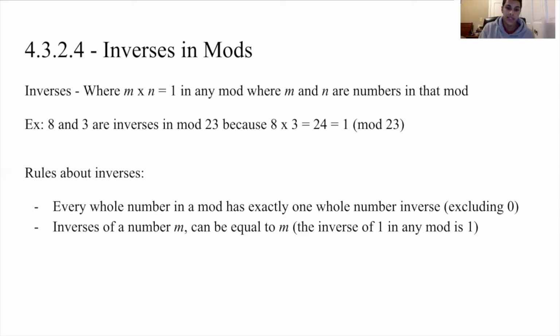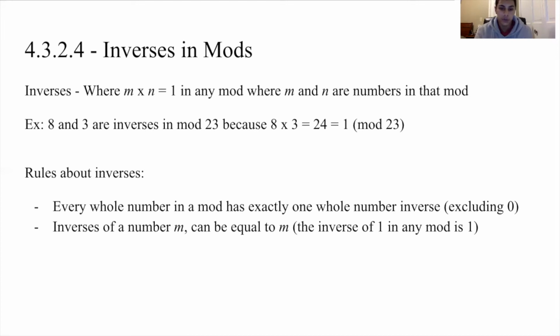And then the second rule is that the inverse of a number m can also be equal to m. So in this example above, 8 and 3 are inverses in mod 23, and obviously 8 and 3 are different numbers. But for example, in any mod, let's use mod 23 as an example again, 1 will always be the inverse of 1.